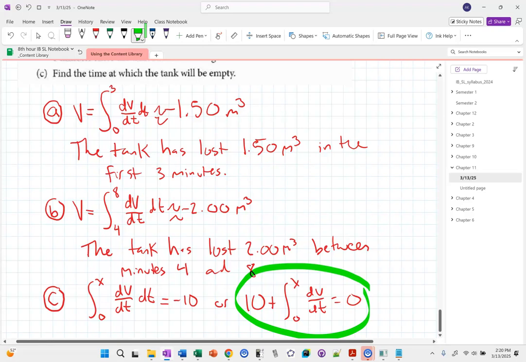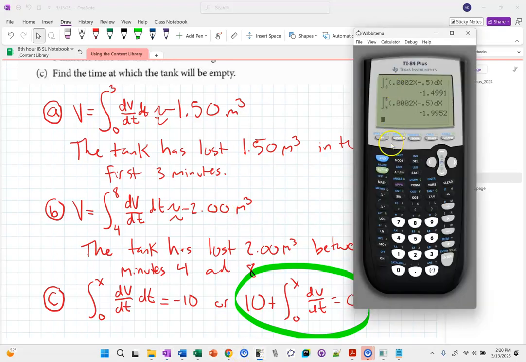I'm going to do it this way because it's easier on my calculator, because I know a better idea of what my window has to look like, since I'm just looking for the x-intercept as opposed to an intersection between the two curves. So I'll set this up on my calculator.